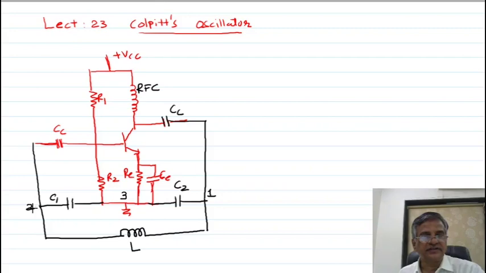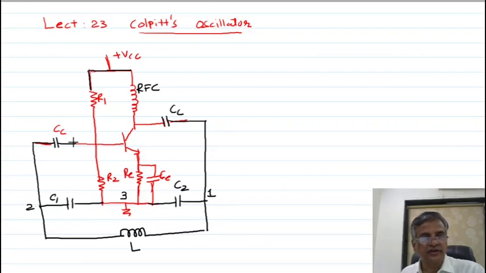Already we have discussed that this is an LC oscillator circuit. We have already seen the RC oscillators. An RC oscillator cannot produce high frequency.